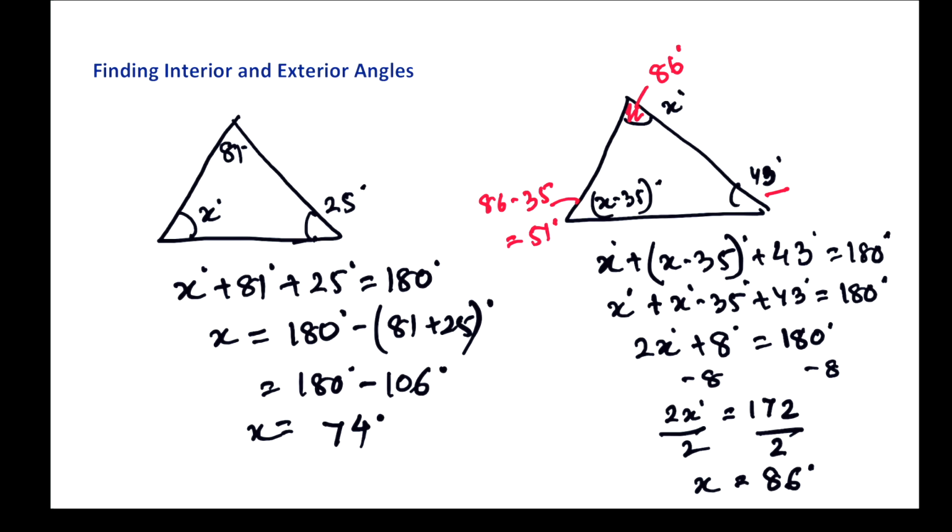Now let's do some examples of exterior angles. Let's talk about this example. This is a triangle. y is the exterior angle. We have to find the value of y where the measurements of the interior opposite angles are 40 degrees and 30 degrees.